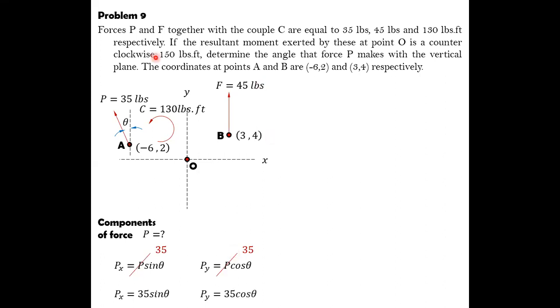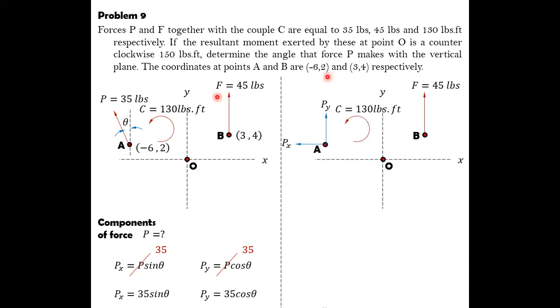And then let us simplify the orientation of our figure. Instead of the inclined force, let's focus on its components, horizontal and vertical. And instead of focusing on the coordinates given for the two points A and B, let's use their respective horizontal and vertical distances from the point of origin.